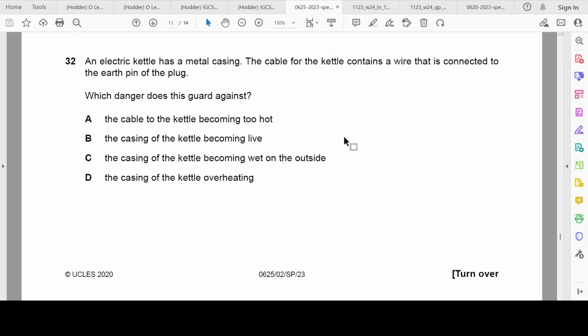So an electric kettle has a metal casing, right? The cable for the kettle contains a wire that is connected to the earth pin of the plug. What danger does this guard against? B. Sobia? Thinking.